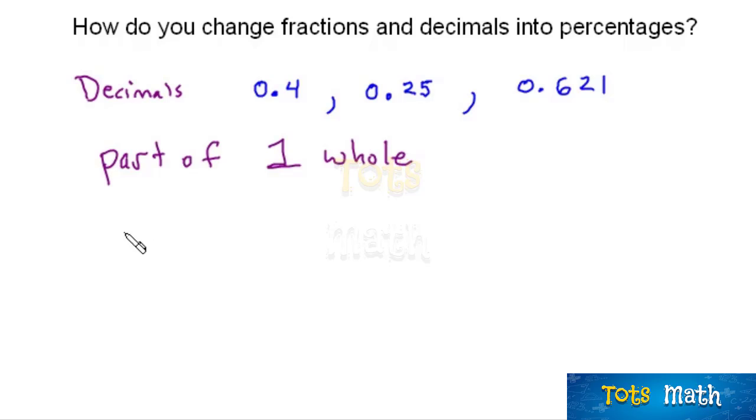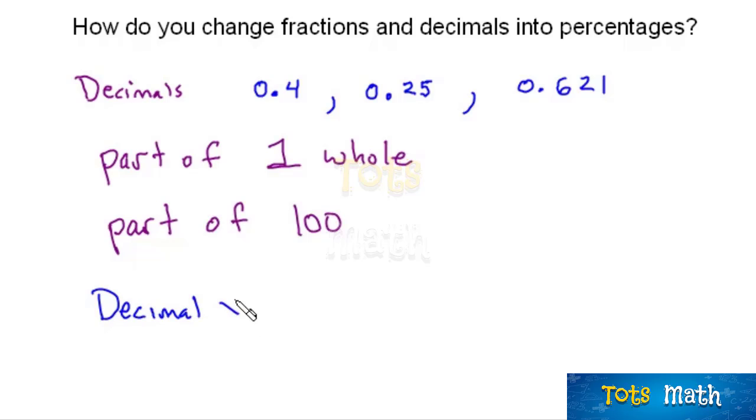But percentages are a part of 100. So to convert a decimal into a percentage, all we have to do is multiply the decimal by 100. So decimal times 100 equals a percentage.